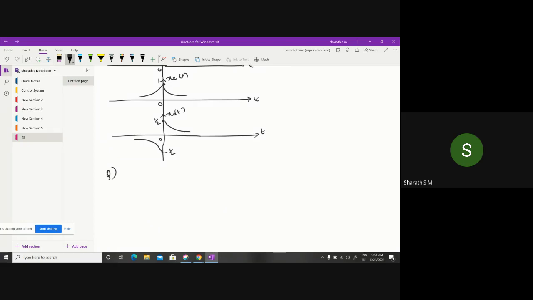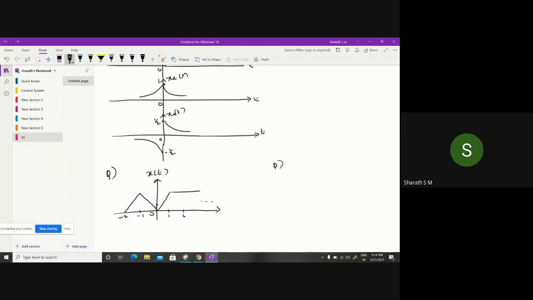Let us do the next question. Sketch even and odd part for the given x of t. Write down the even and odd part for this x of t.